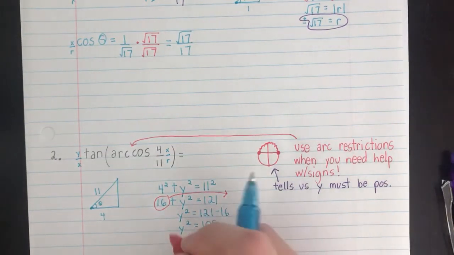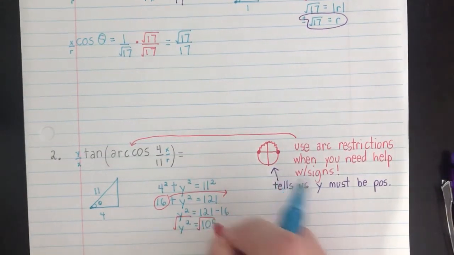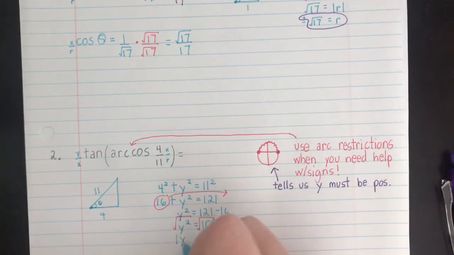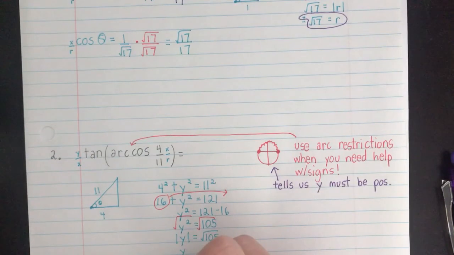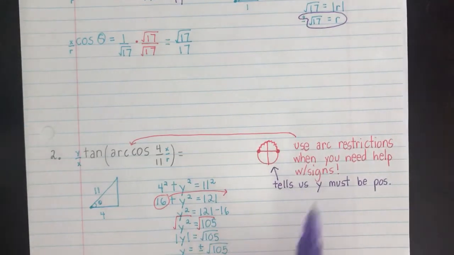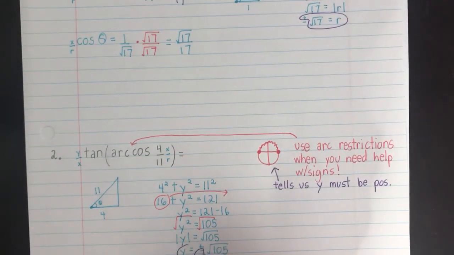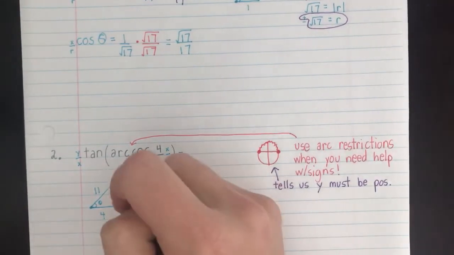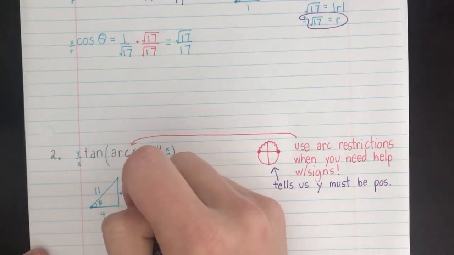So square root each side. You get the absolute value of y equals square root of 105. And so y equals plus or minus square root of 105. But our restriction tells us y is positive, so positive square root of 105.